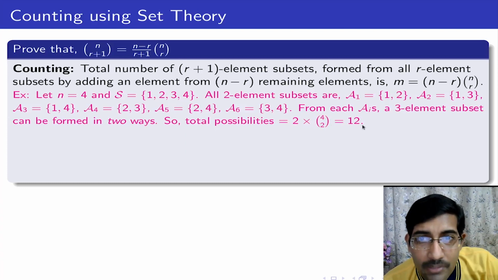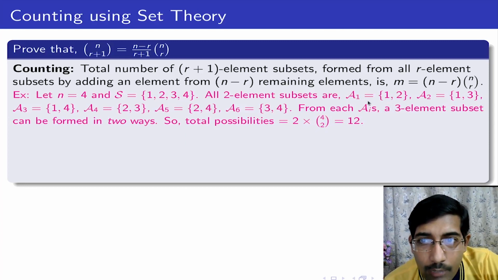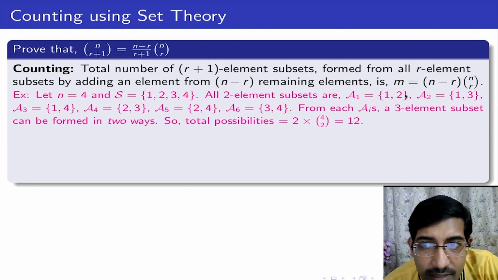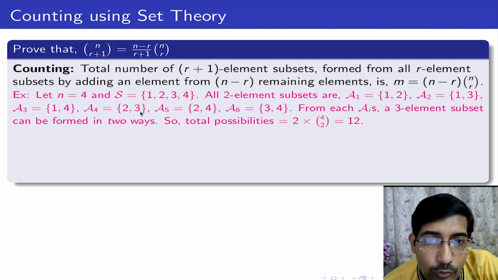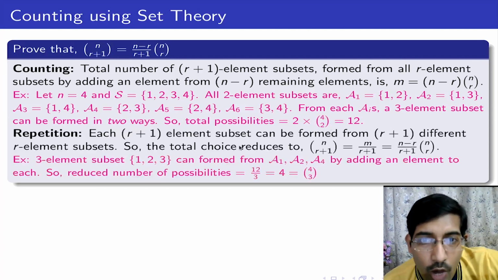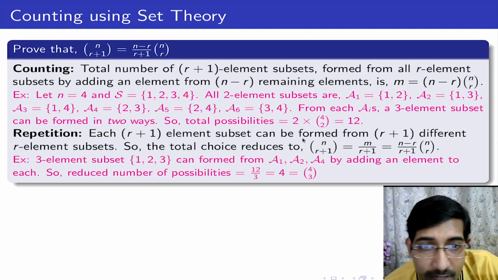Now our problem is this: consider the set A1, from which you compute a 3 element set by injecting 3 inside it, forming {1, 2, 3}. Consider a set A4, where you inject 1 to form the same set {1, 2, 3}. When you multiplied by 2 into the number of possibilities, you duplicated those counts. So how many such duplications can happen?